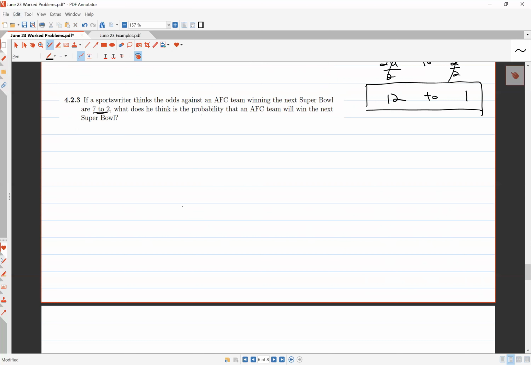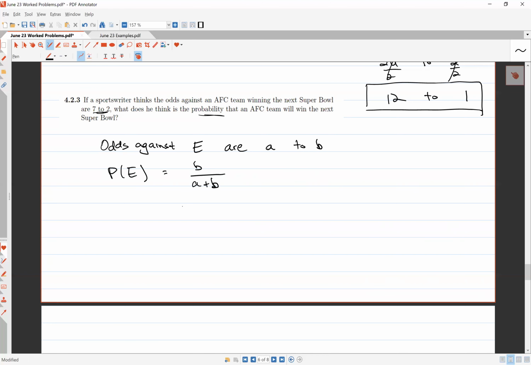And we want to convert that to a probability. Now, if the odds against event E are A to B, then the probability of E is going to be equal to B over A plus B. That's how we convert odds to probability.